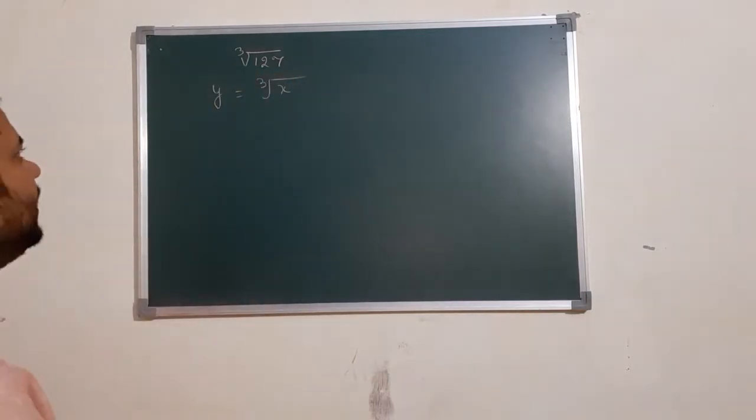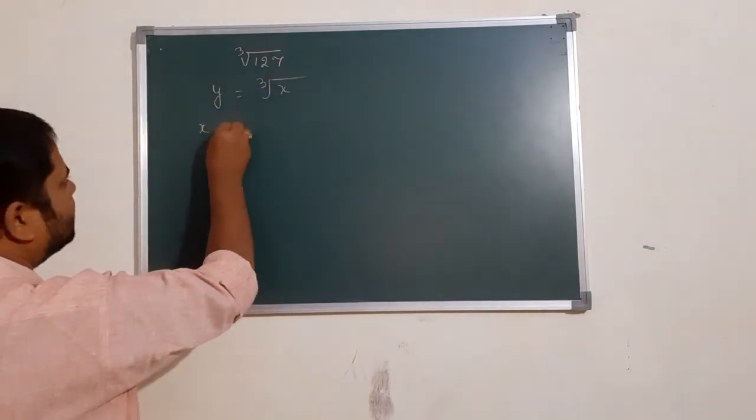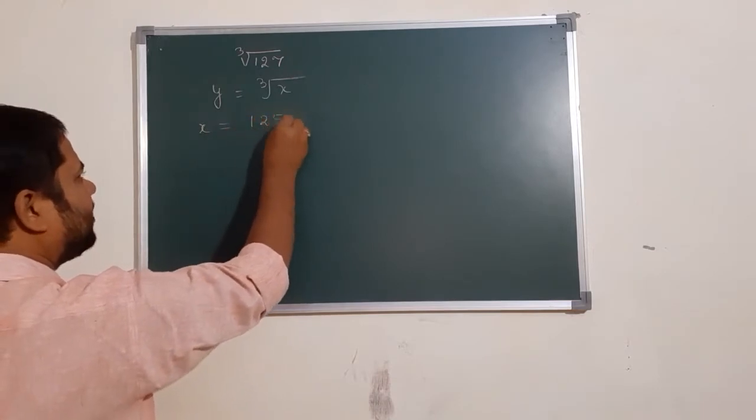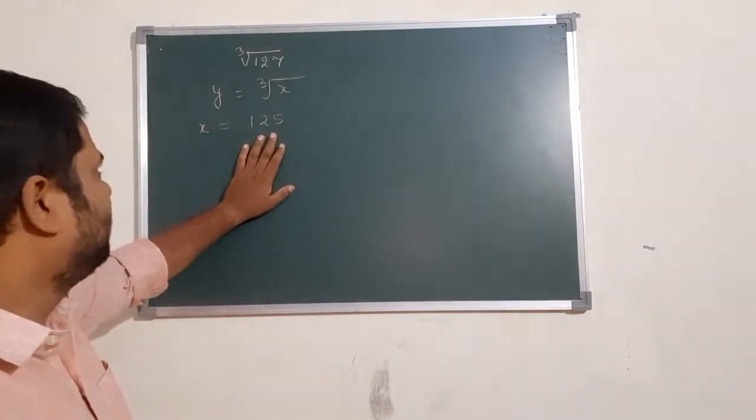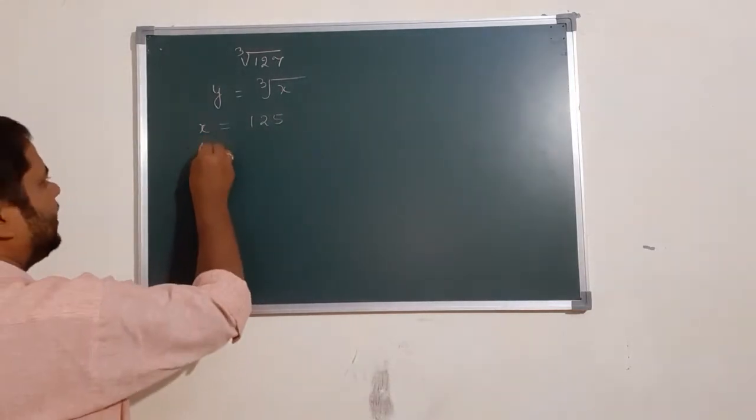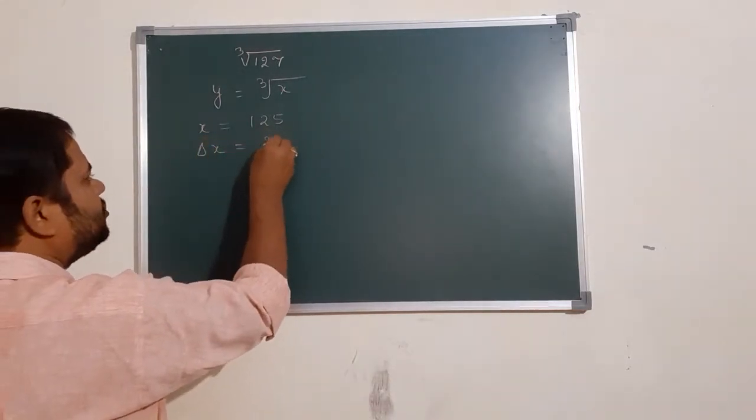Here x is 125, that means the nearest number whose cube root is a perfect number, and delta x is 2.